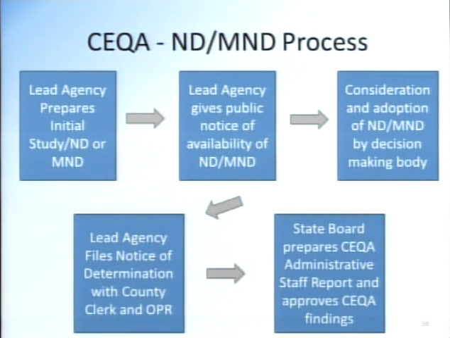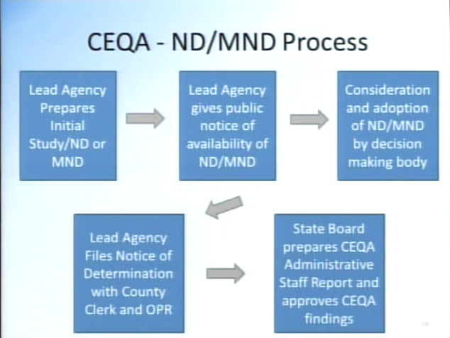If your project requires a negative declaration or a mitigated negative declaration, you're going to have a slightly longer CEQA process. And so I'm just going to give you again a quick overview of that. First of all, the lead agency will prepare an initial study, either the negative declaration or the mitigated negative declaration.